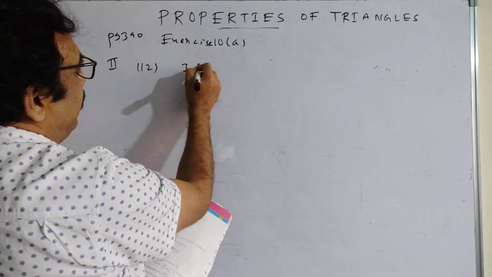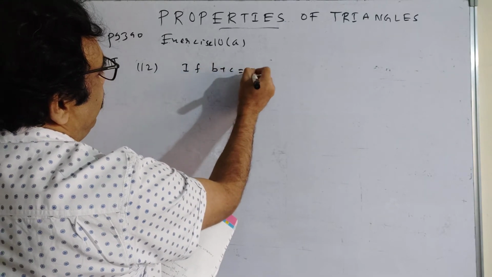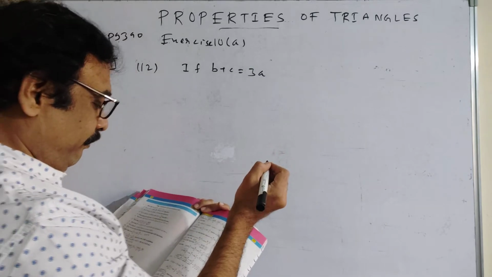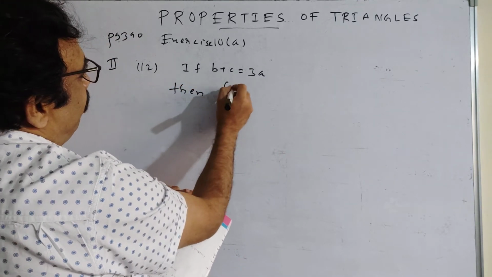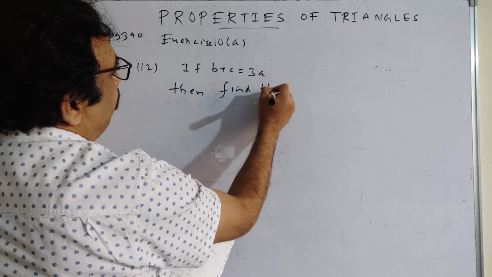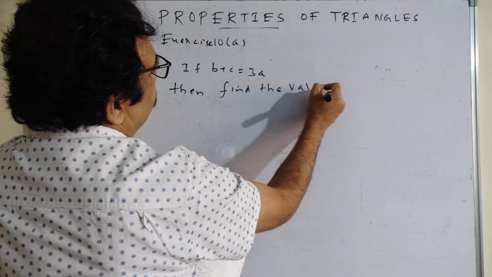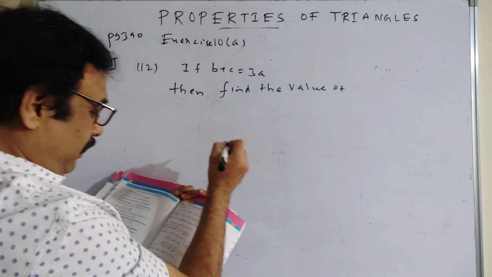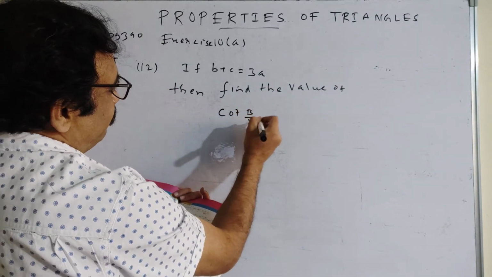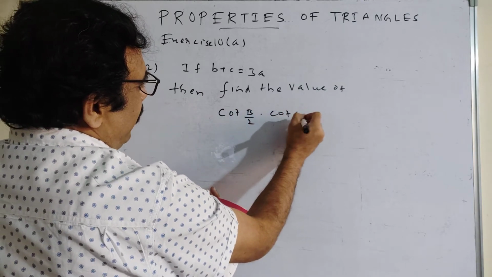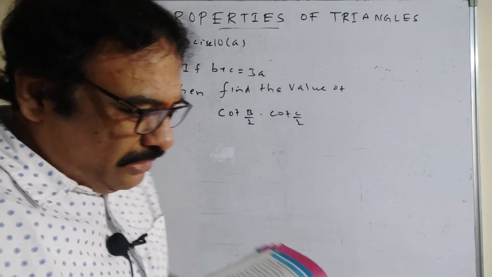Given that if b plus c is equal to 3a, then find the value of, let us say, cot b by 2 into cot c by 2. Okay, right.